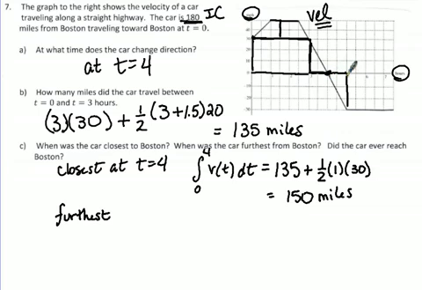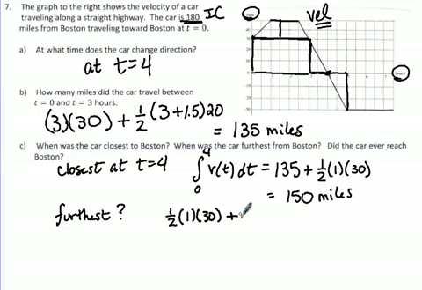So this triangle has an area of 1/2 times 1 hour and a height of 30, we can put our negative on at the end, 30 miles per hour.